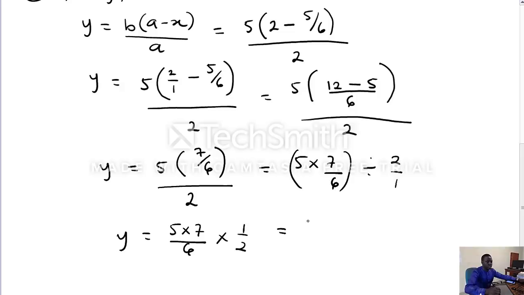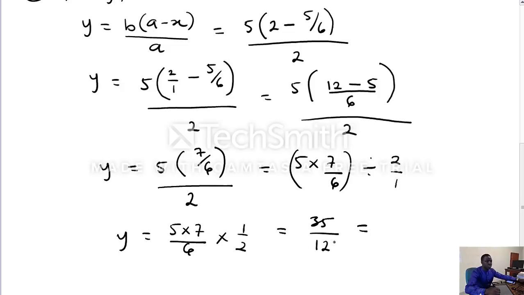So this is equal to 5 times 7 is 35, divided by 6 times 2 is 12, of which this is equal to, since nothing can simplify further, we'll go straight ahead to divide the numerator by 12.